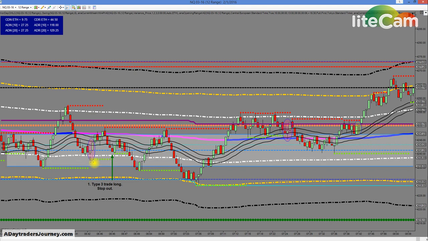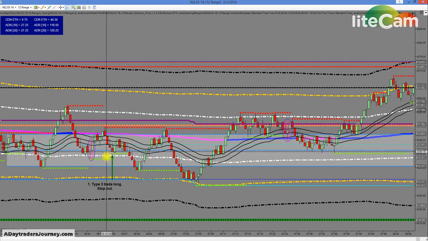So my entry is roughly going to be 42.3750 plus 5 points, which gives you 42.5. So I got in around here, 42.5, and my stop would have been right below this level here. And you can see price broke below this level as it came down. So that's where the stop would have been.